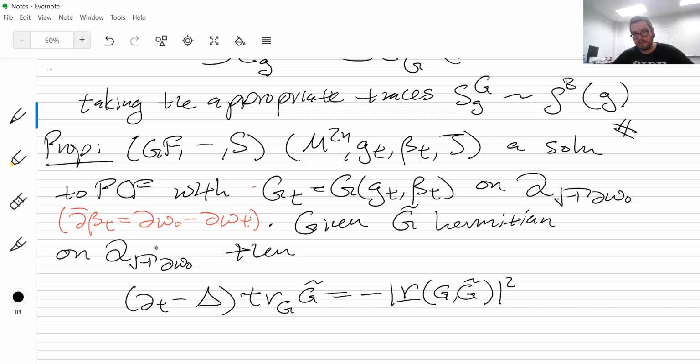So nice positive term, G inverse G tilde, plus a trace S G background term, G tilde dot should be the G trace, the G tilde inner product.